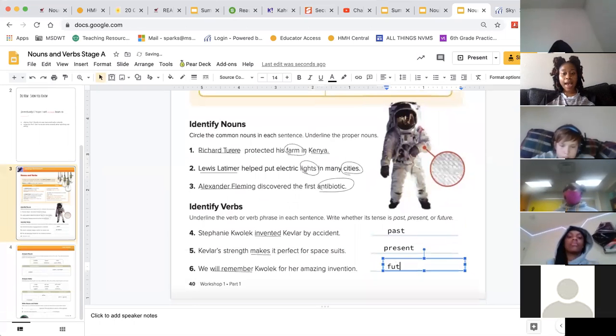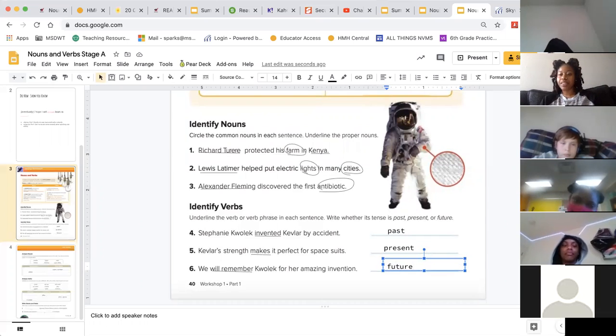Future. I will cook dinner tomorrow. I haven't done it yet. It's not present. Good, Aiden. The key word is will. You will do something. You haven't done it yet. You will do it in the future.